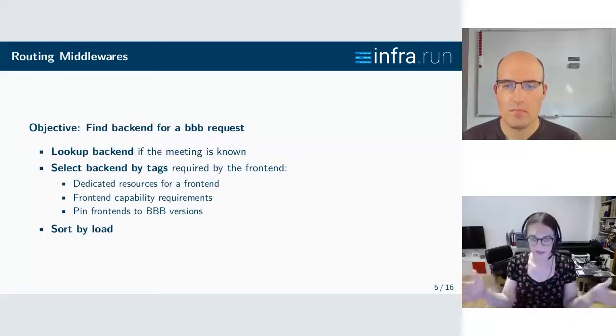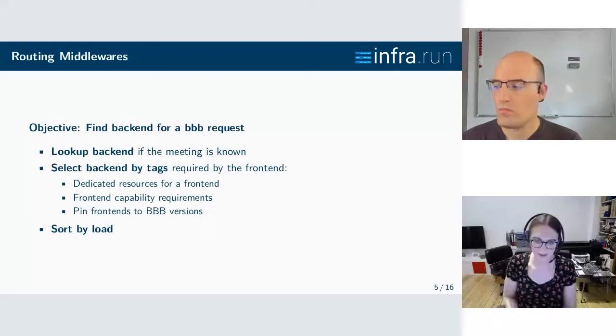And so we can basically say this is the pool of available backend nodes, and well, we can already deal with a lot of the challenges we presented earlier on through this mechanism. Then we kind of only need to sort these backends by load, and the backend with the least load wins. As easy as that.